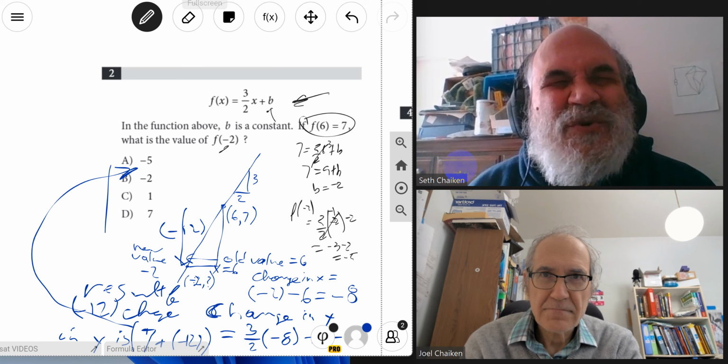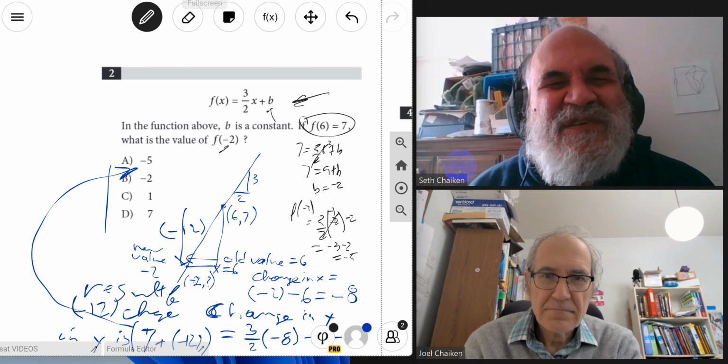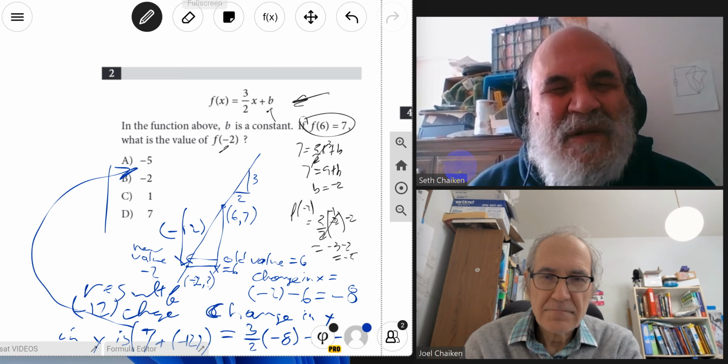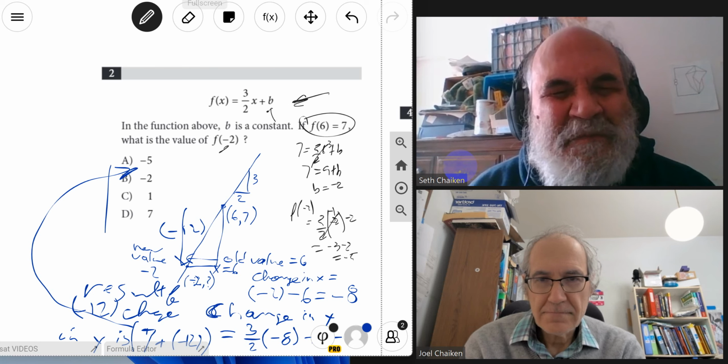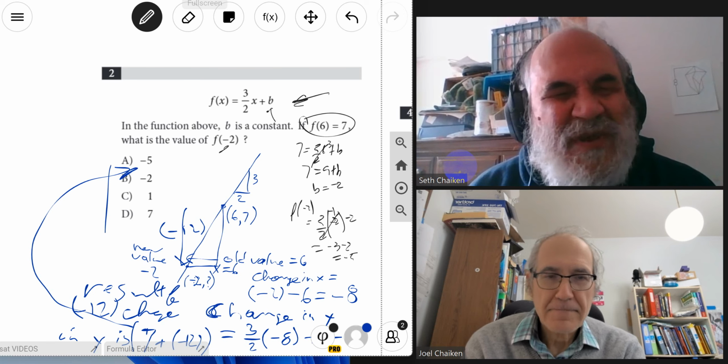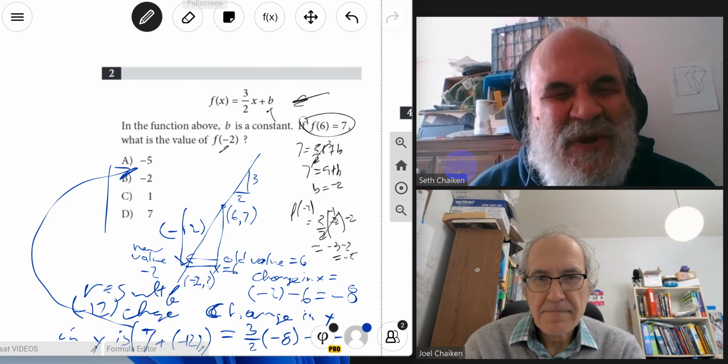You could merely use the B to tell you that the function in question has a constant slope. Yeah. And we really don't care what the value of B is.